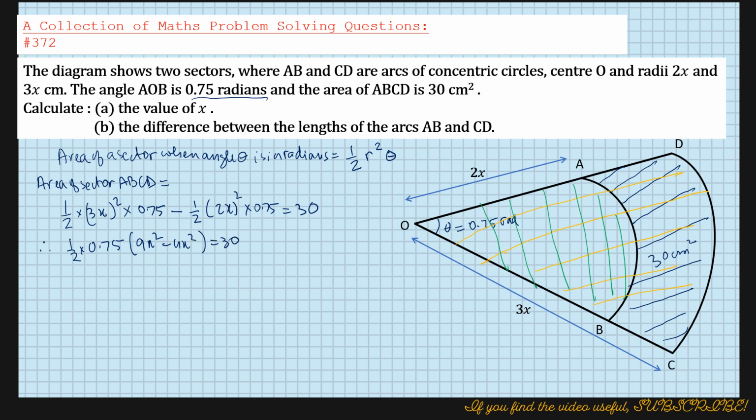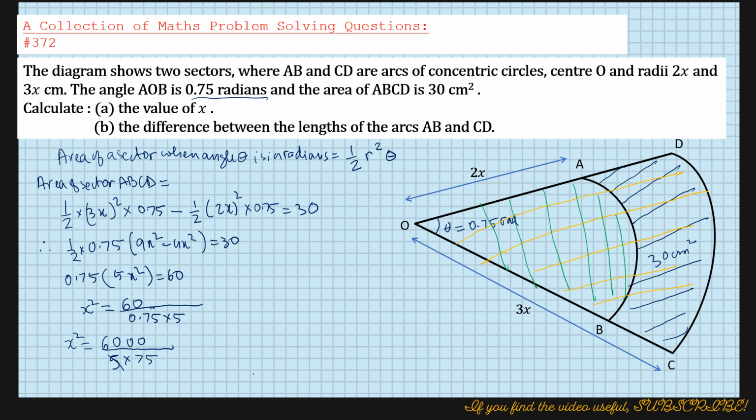So I can write 0.75 times 5x squared equals 60, and then x squared equals 60 divided by 0.75 multiplied by 5. Multiplying numerator and denominator by 100 to get rid of the decimal, x squared is 60 times 100 divided by 5 times 75.